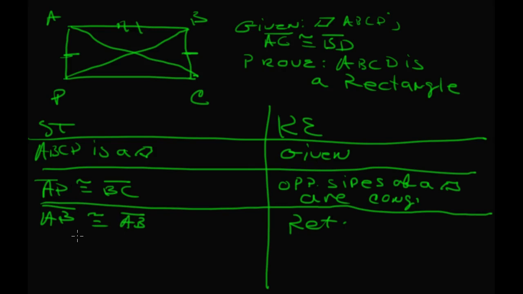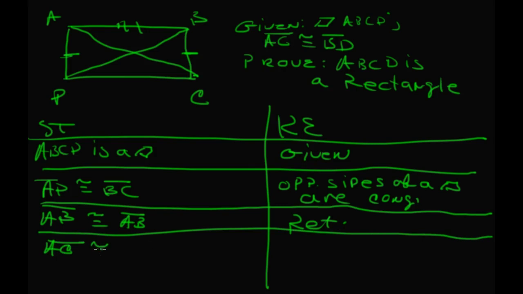Okay, so what do we have here? We also know something else. We know that AC has to be congruent to BD because we were given that, which means that this one is congruent to that one. So if you look, I now have this side and that side of that triangle.